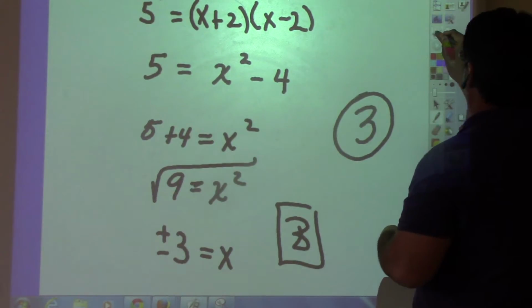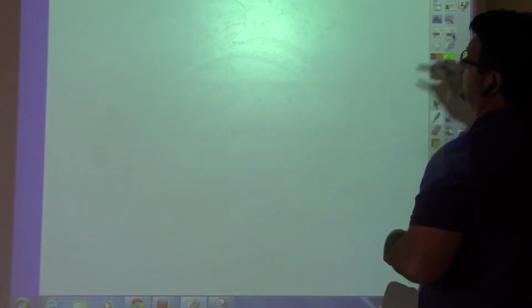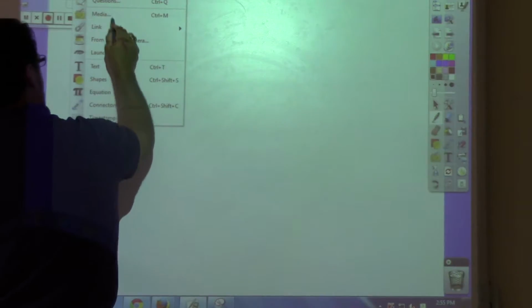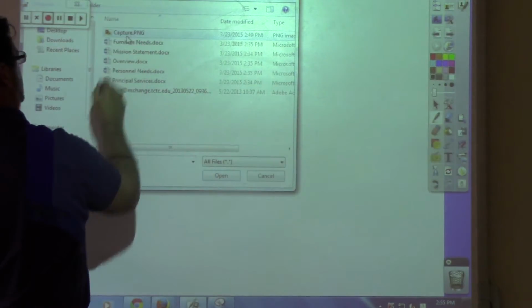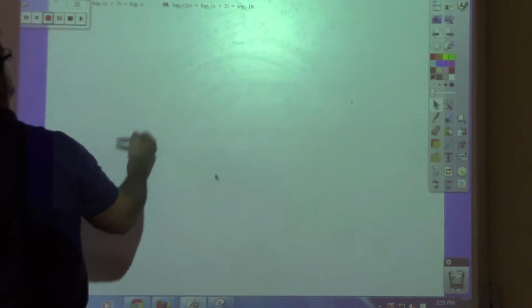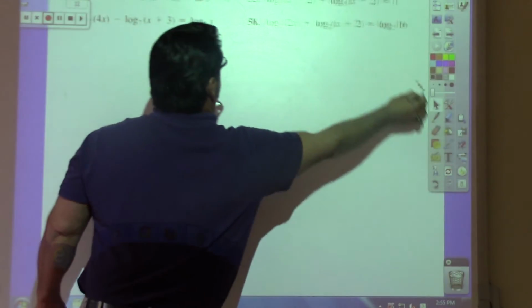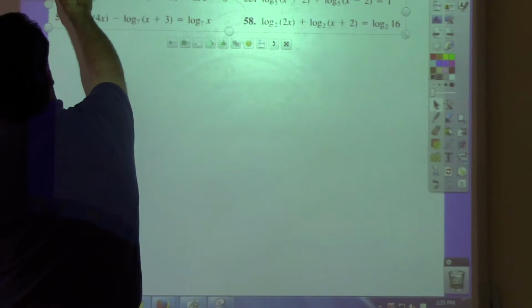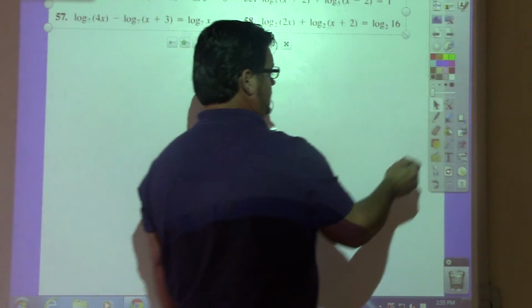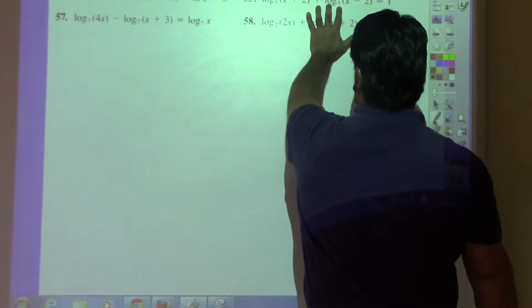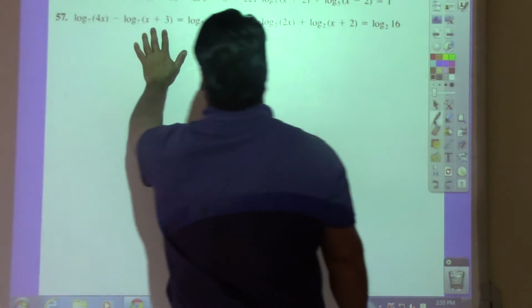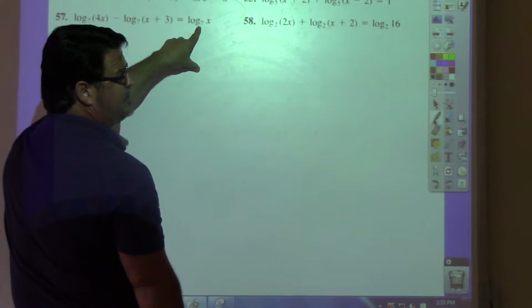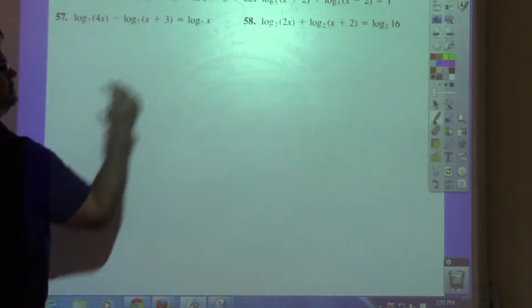Now our other problem is 57. The only difference in 55 and 57 is that the right-hand side is also log base 7, and on that one, it wasn't.